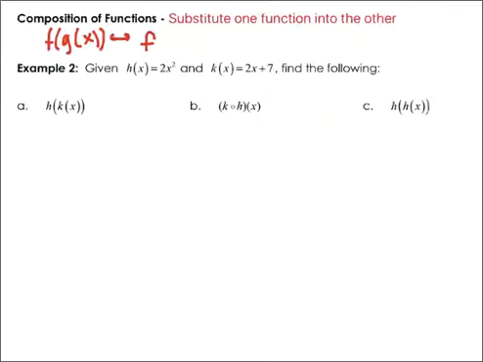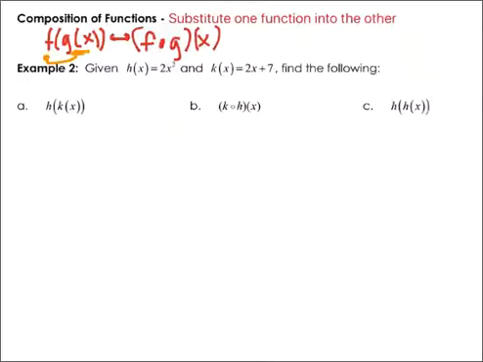It's F, a little o, G, and you usually put parentheses around that, F of G of X. That's a composition of functions. What this is really saying is you're taking your G function and you're going to substitute the whole function into the F function wherever you see an X.